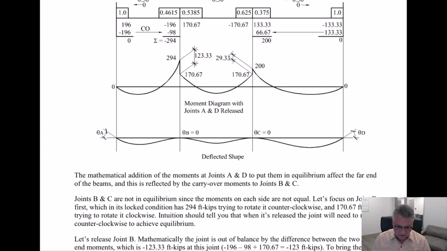Doesn't take a rocket scientist to realize that this joint will want to ultimately rotate in that direction. So we're expecting a joint rotation of something like this when we're all said and done. At least when we're done iterating this, putting this first joint in equilibrium. This is going to decrease, this is going to increase. They're going to find some equilibrium.